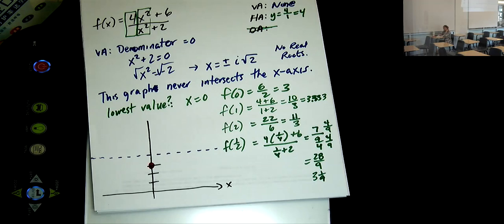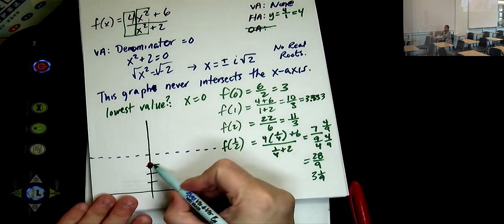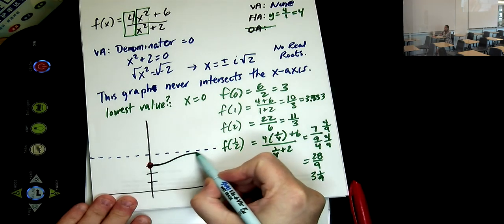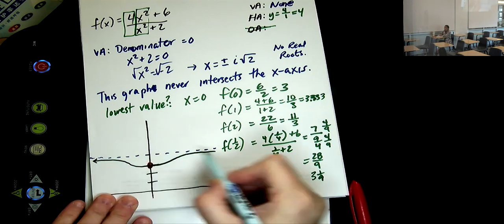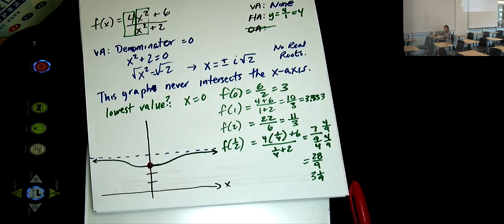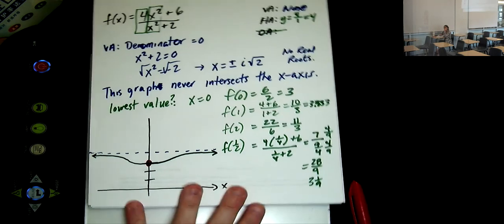Whatever I do, either positive or negative, is the same thing. If I stick in a negative number, I still get the same y value because they're squared. So it sounds like it's doing something like this. That's kind of crazy, isn't it?